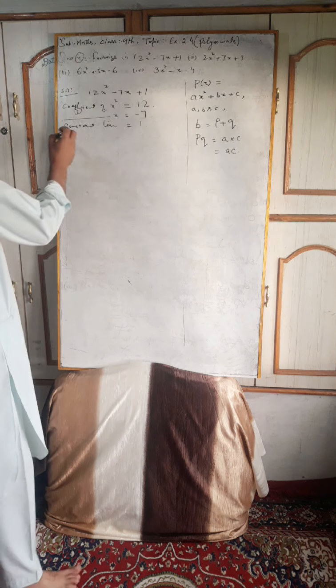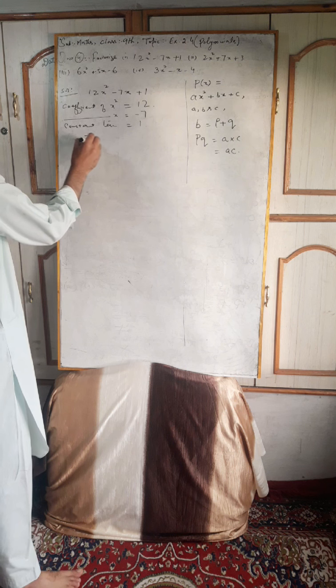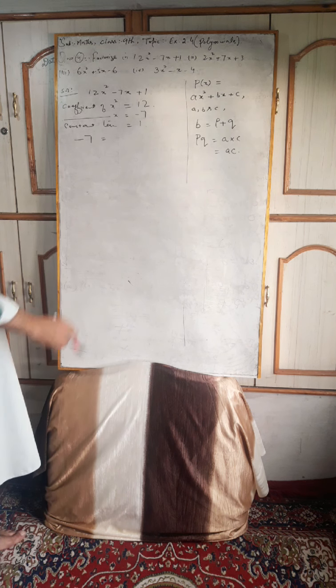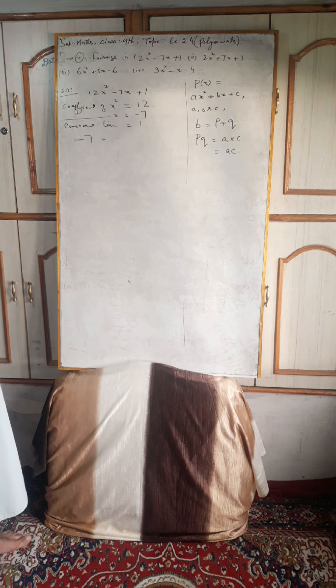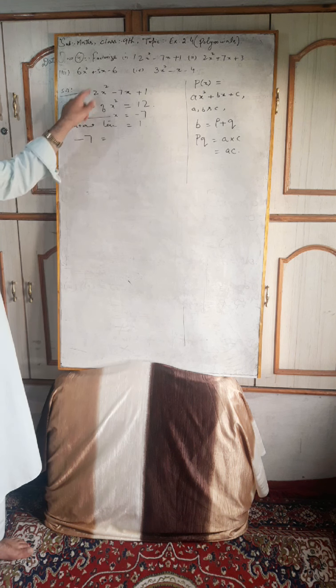Now minus 7 is to be written in such a way so that when we sum up these two numbers we get minus 7, and when we multiply these two numbers we get 12 into 1.